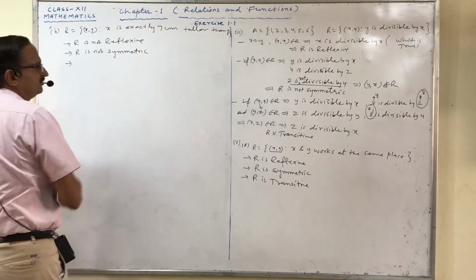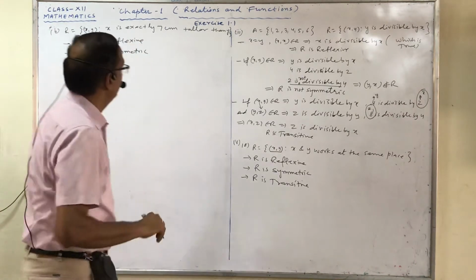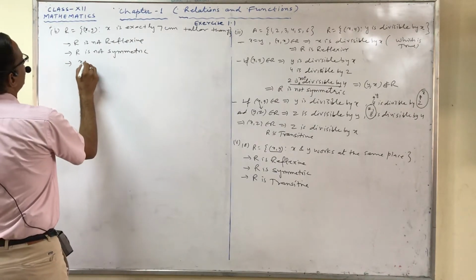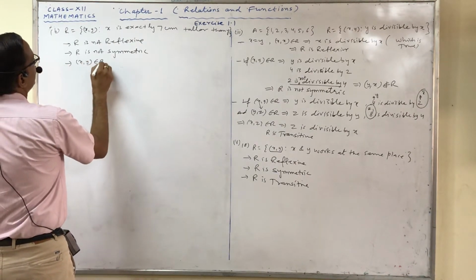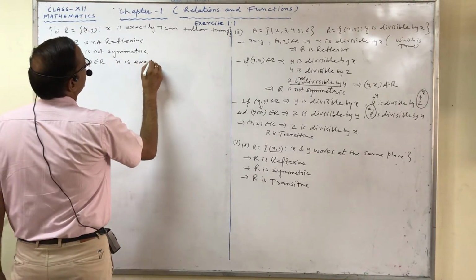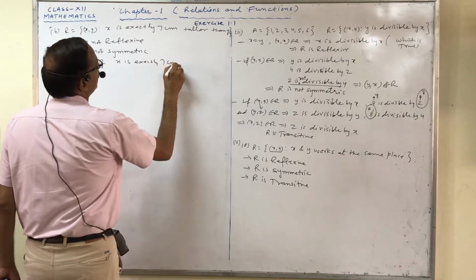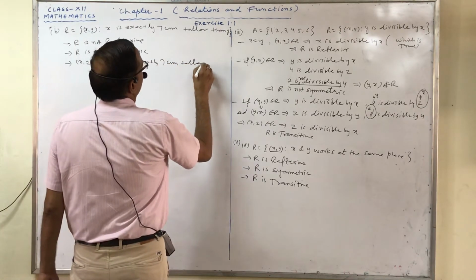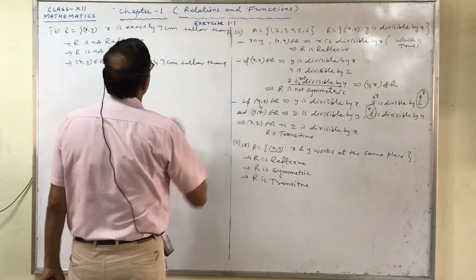Now the third one, transitive. If x is related to y, it means x is exactly 7 centimeter taller than y.